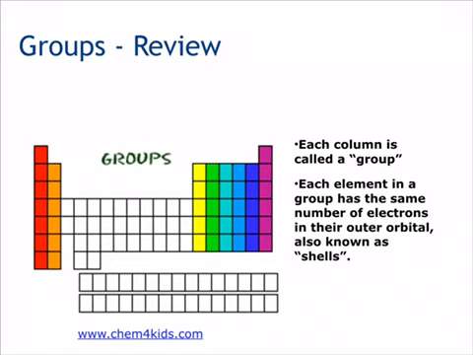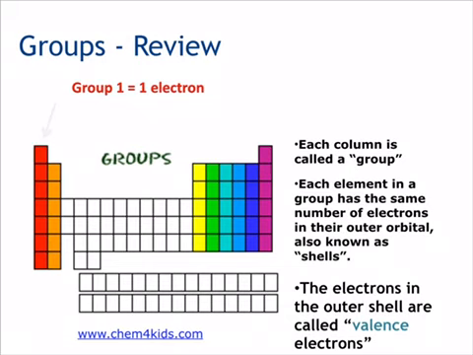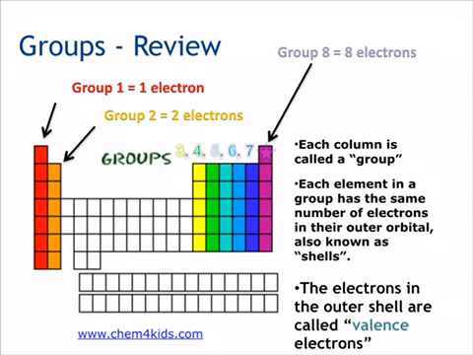If we label the groups, group 1 has 1 electron, group 2 has 2 electrons, group 3 has 3, group 4 has 4, group 5 has 5 valence electrons, group 6 has 6 valence electrons, and our noble gases all have 8 valence electrons.